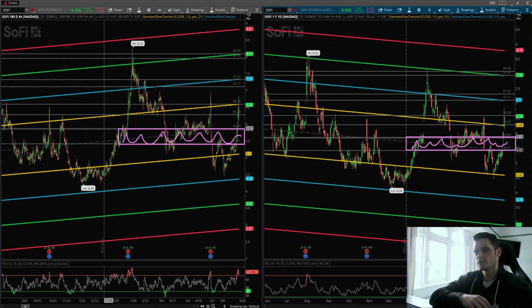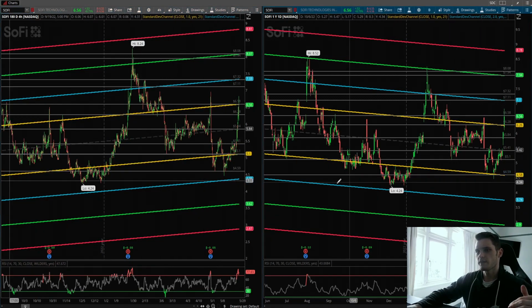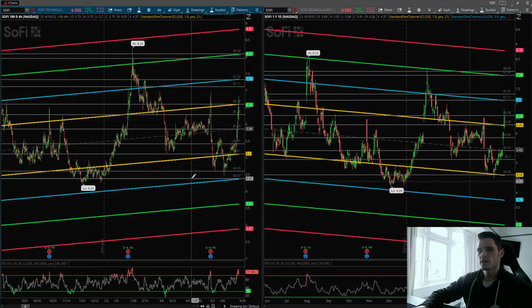Unless you're potentially playing a straddle out of this area, there's usually not a great risk to reward. But if you are an investor looking to invest in SoFi, then getting in at this level or below is where you want to be buying. If I'm investing, I'm never buying above that fair value area. If we can continue even lower, then we're looking at 5.10 support, 4.60 and 4.35. They're all supports on the way down.